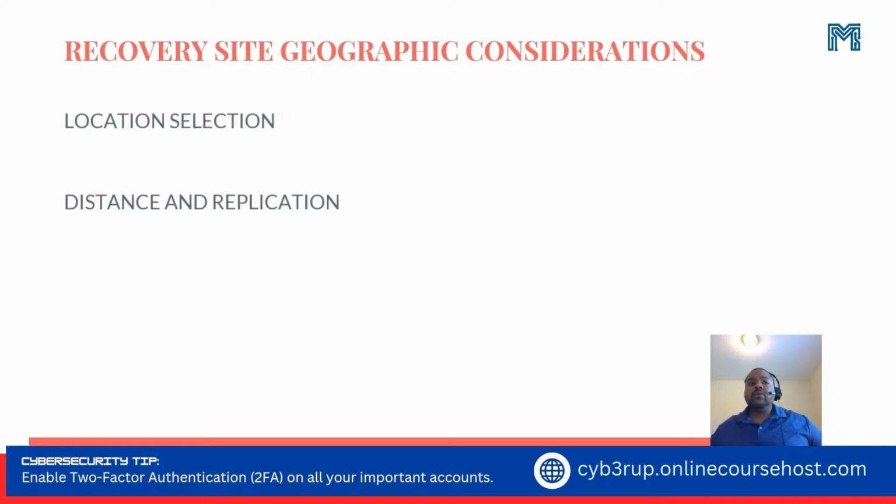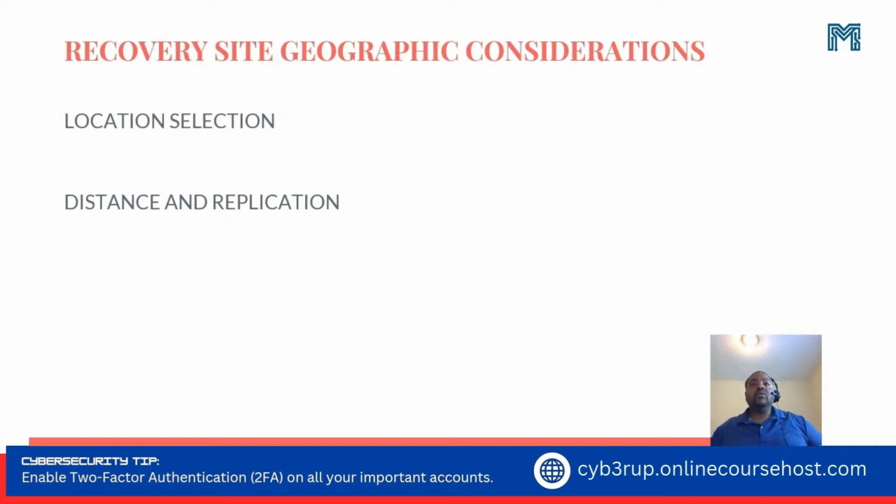And when I say the cloud, I mean data centers that host your data and your applications, the things that you need for everyday working ability. So a lot of companies right now are considering the cloud to be their alternate data center rather than buying a whole building and setting that building up to be a hot site, a warm site, or a cold site. But to go back to this slide, we're talking about the location selection.